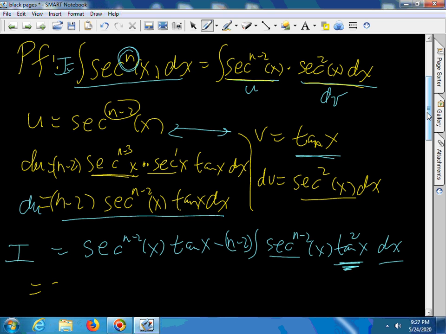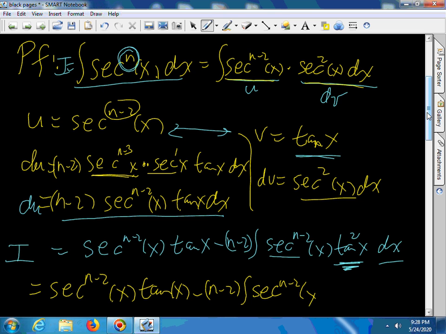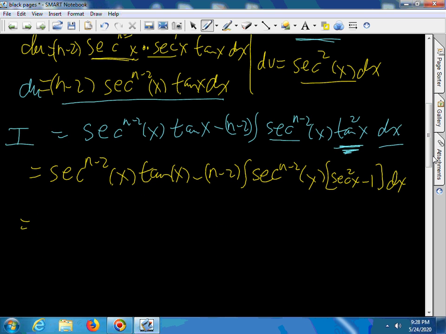So this is equal to secant of n minus 2 of x times the tangent of x minus n minus 2 times the integral of secant to the n minus 2 of x times another way of writing tangent squared x. And that other way of writing it is secant squared x minus 1. So we'll distribute in a moment.